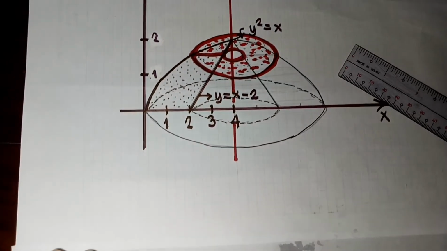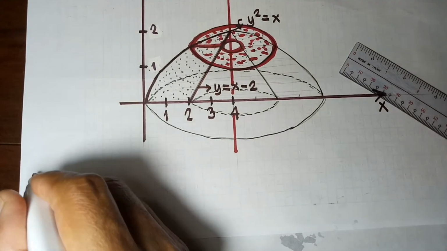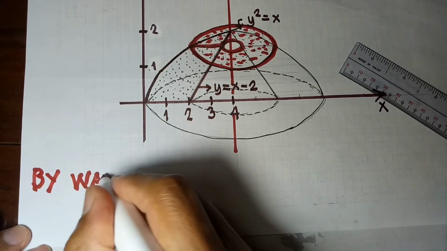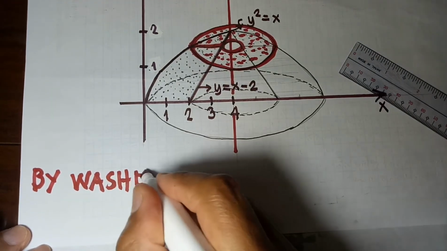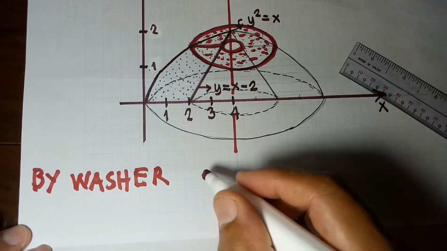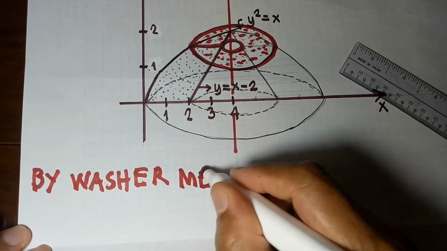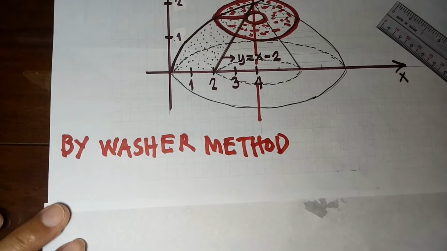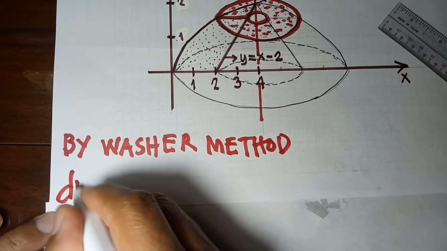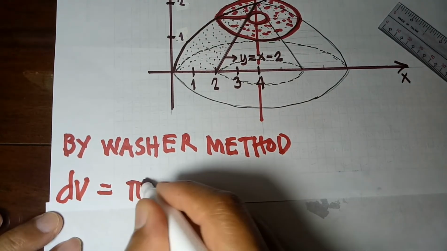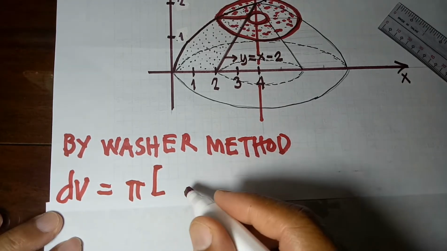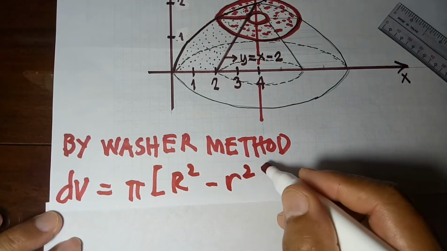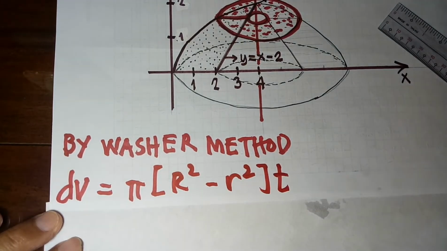So, by washer method, dV equals pi, then times R squared minus r squared times the thickness.